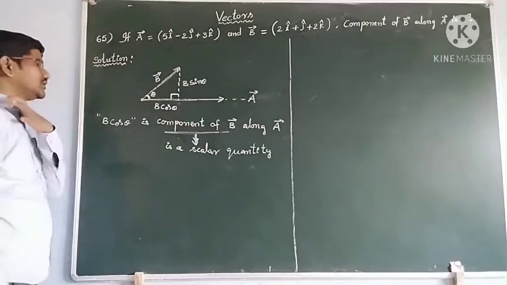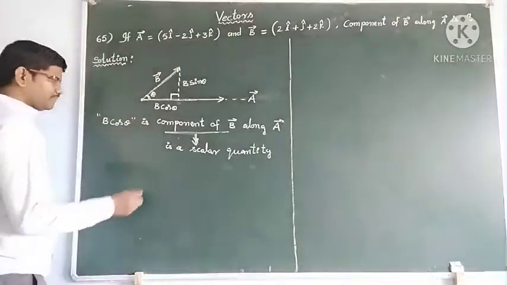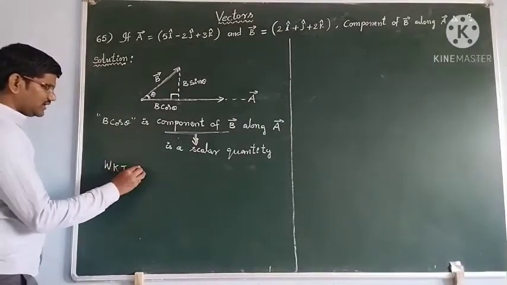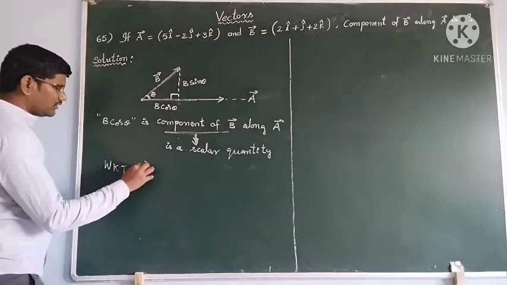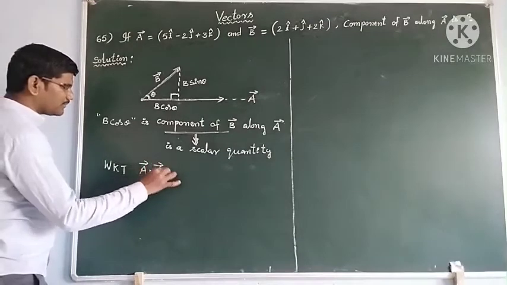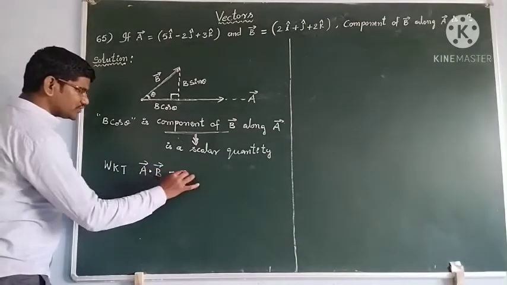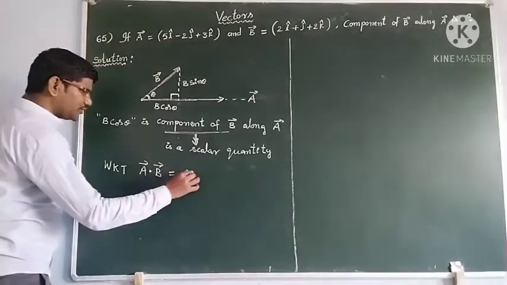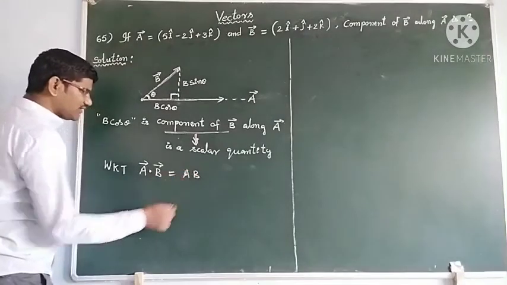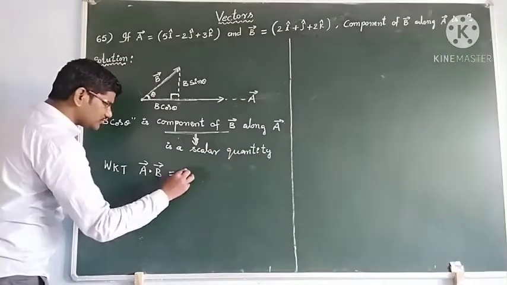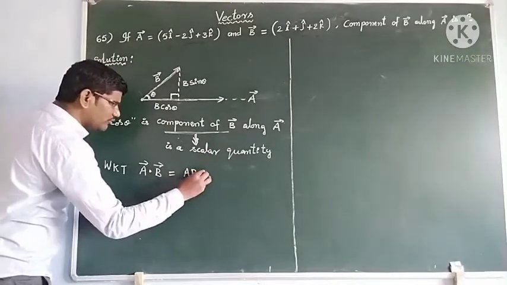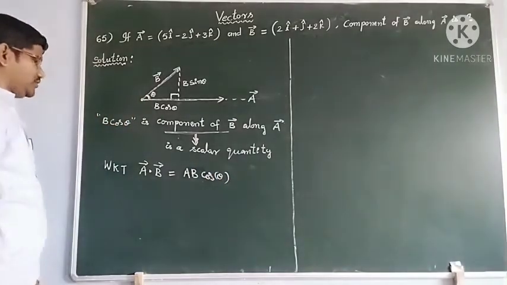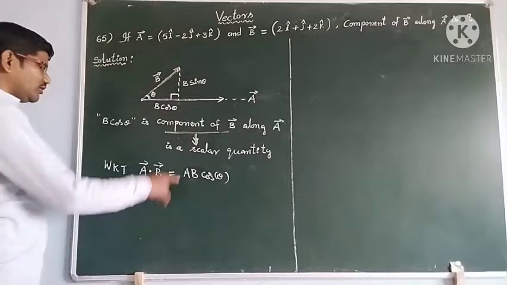We know that a bar dot b bar is equal to the magnitude of the first vector a into the magnitude of the second vector b into the cosine of the angle between them. So a bar dot b bar is equal to ab cos theta.